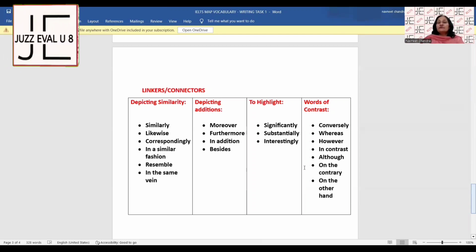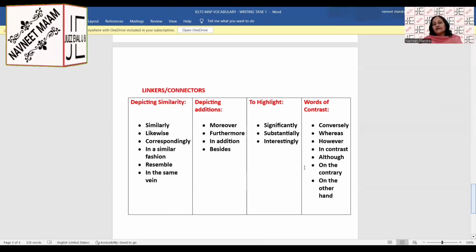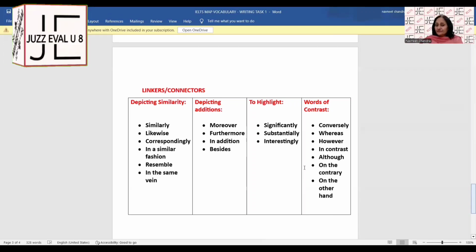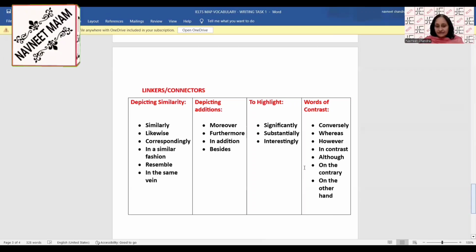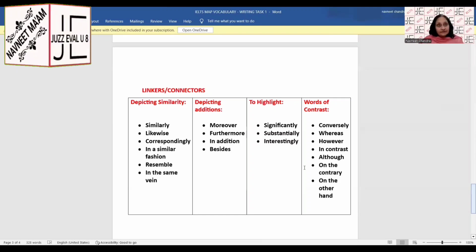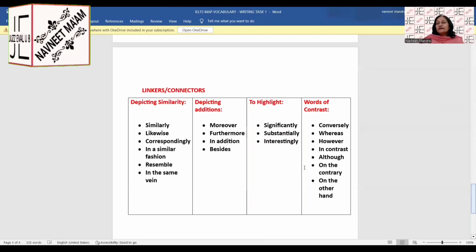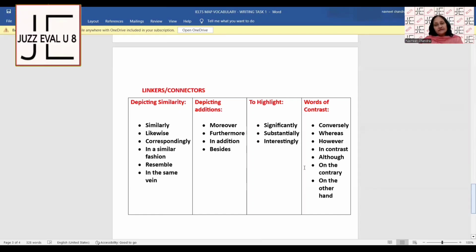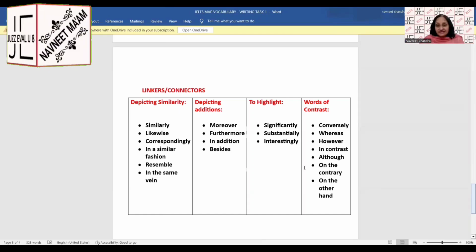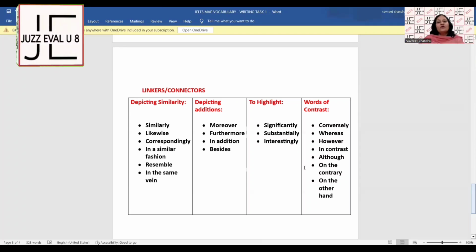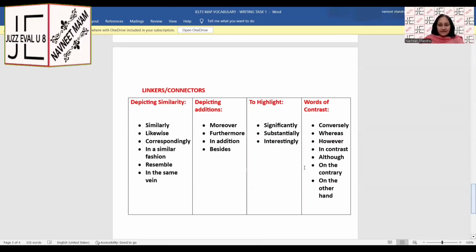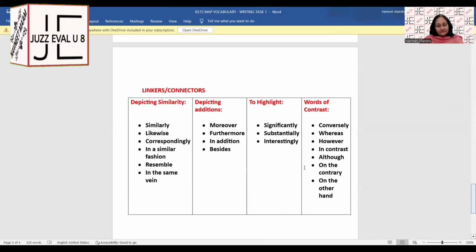Then, when you're talking about additions, you can say additionally, besides, moreover, furthermore. Then, if you want to highlight something, so you say significantly, that is important, or it's of paramount importance. Then, substantially, interestingly, amazingly. So, all these words will add to your score and will give you a good balance.